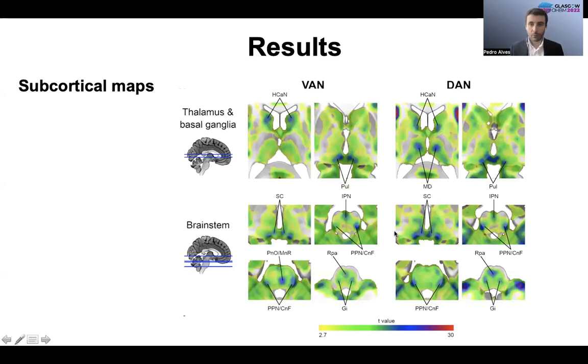When we analyze the subcortical distribution of these maps, we can clearly see some of the hypothesized subcortical nuclei, such as the pulvinar, the superior colliculi, and also a cluster of brainstem nuclei, such as the pedunculopontine system and the raphe nuclei.